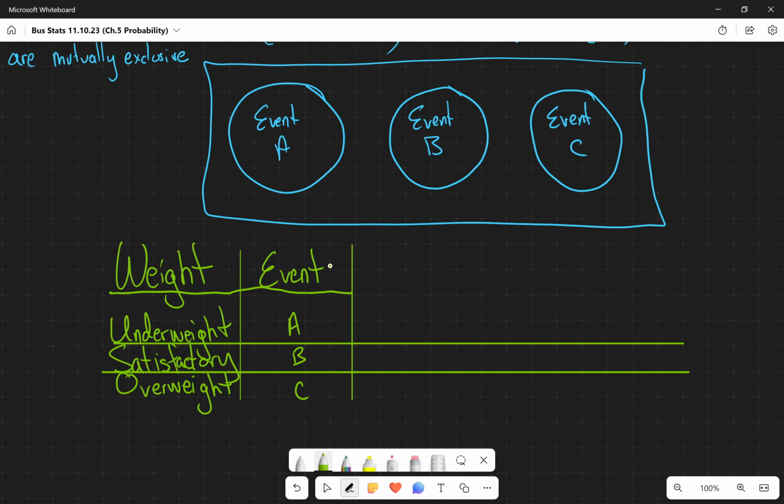We're then told some information. We're told the number of packages that are underweight. We find that there's 100 of them. The number of packages that are satisfactory are 3,600, and the number of packages that are overweight is 300.